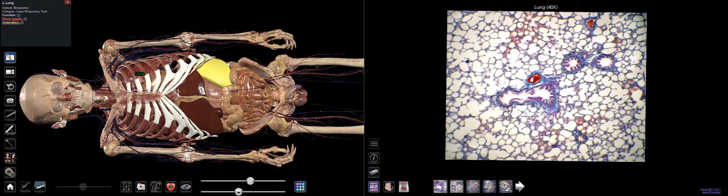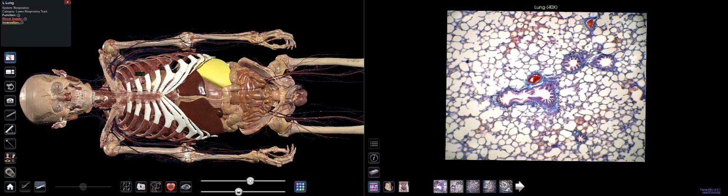Each white space there is an air sac, and each one is lined with a single layer of simple squamous epithelial cells so that oxygen and CO2 can diffuse across either way and into the blood vessels in between each air sac. So it's a really good picture of a lung. The larger structures in there are blood vessels, some of the pulmonary arteries and veins. But air is exchanged only at the alveoli, the air sacs.